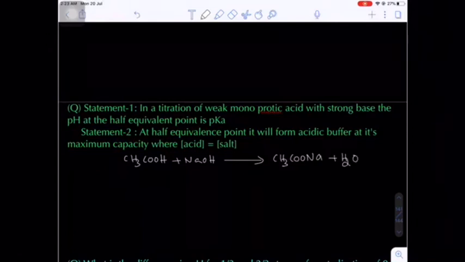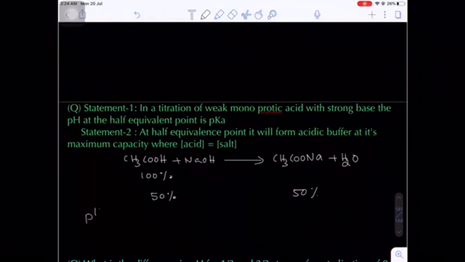Acetic acid and sodium hydroxide will give sodium acetate and H2O. Are you getting my point? Now here, let's suppose half equivalent point. That means here 50% of the acid will be neutralized. 50% of acid will be neutralized.